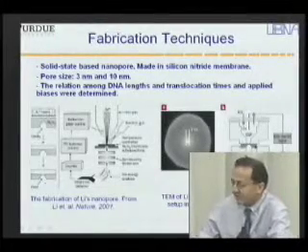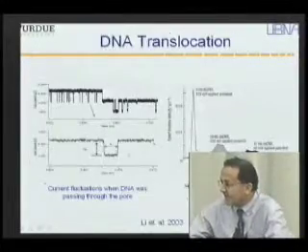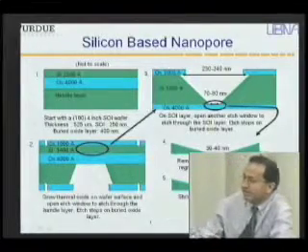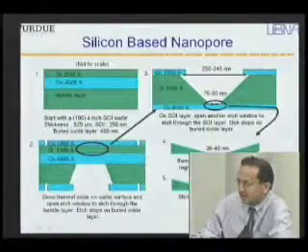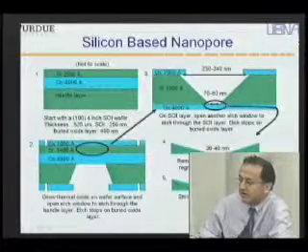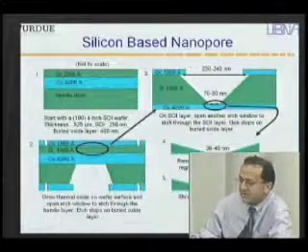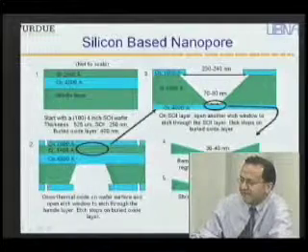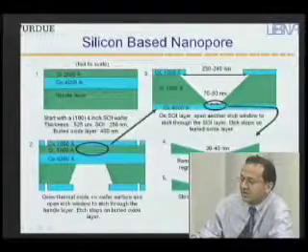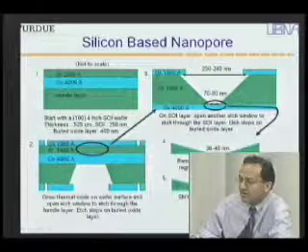Another method that's been reported uses SOI wafers and silicon micromachining, where you take an SOI wafer and do some etching from the backside to create a diaphragm, and in this diaphragm you then come from the top and do e-beam lithography and form a pore in the 30 to 40 nanometer range.